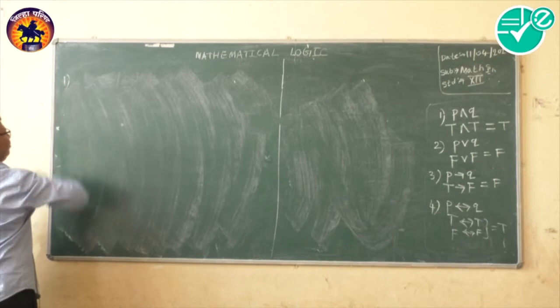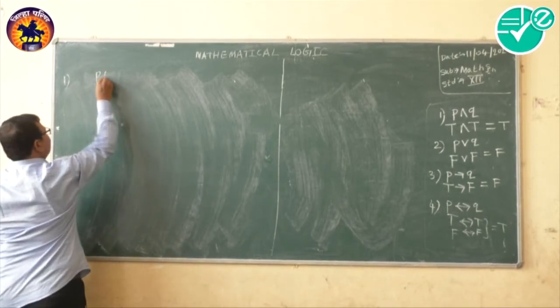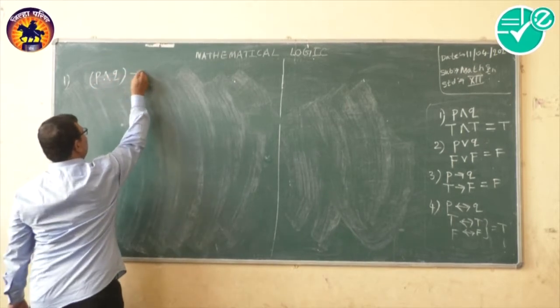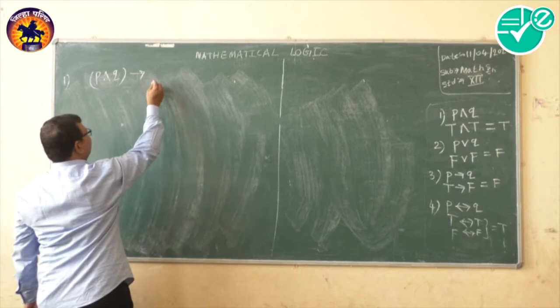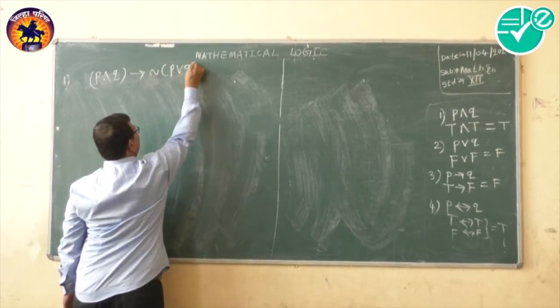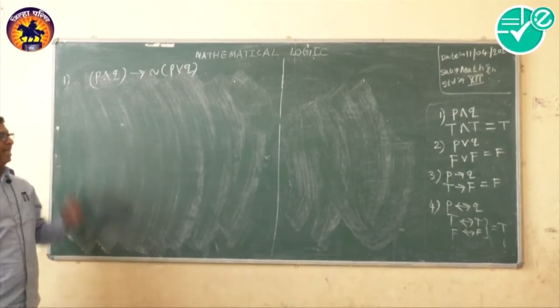The first example we are going to take is (P conjunction Q) implication negation (P disjunction Q). We have to solve this example.